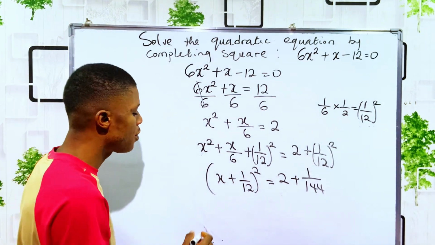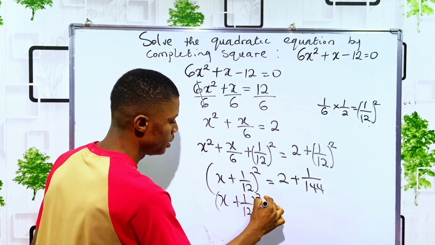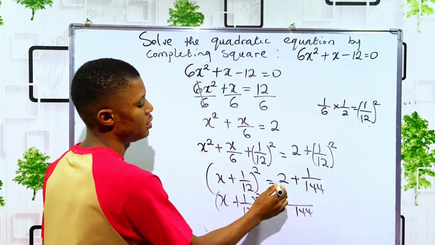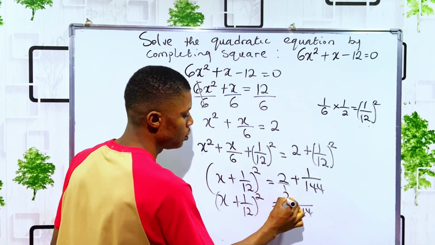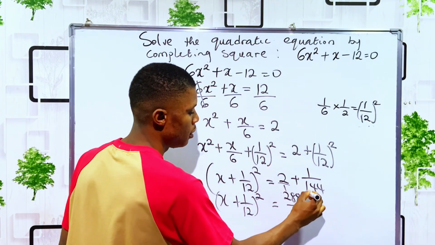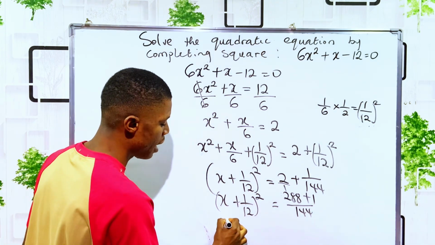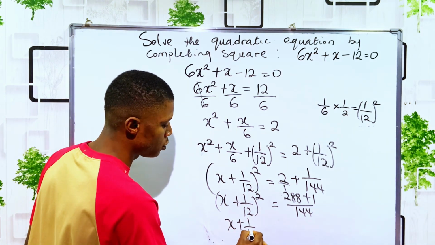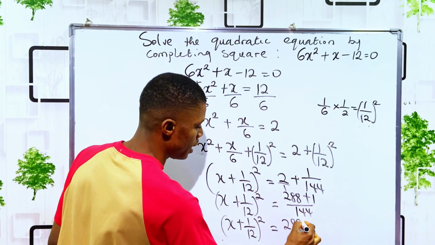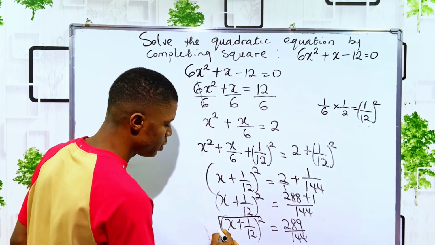The LCM is 144, so 2 over 1 becomes 288 over 144, plus 1. So we now have (x plus 1 over 12) squared is equal to 289 over 144.